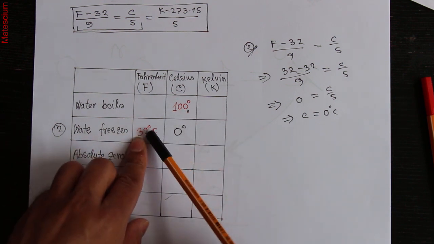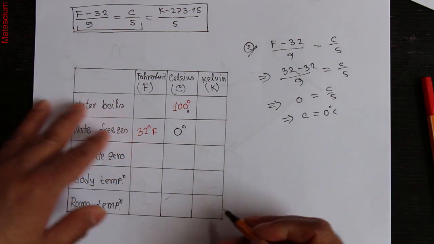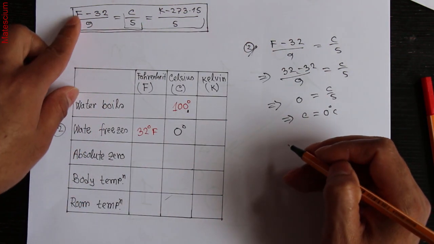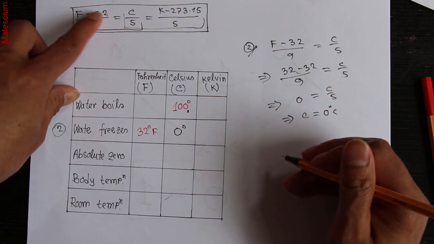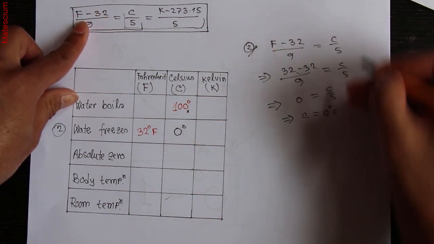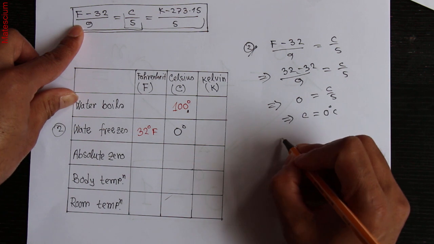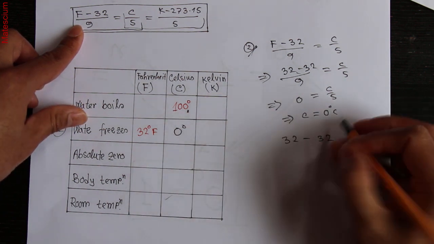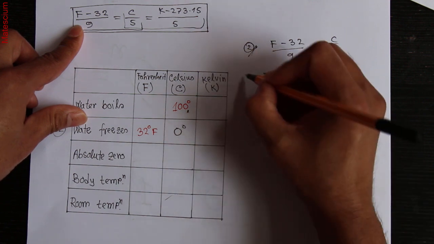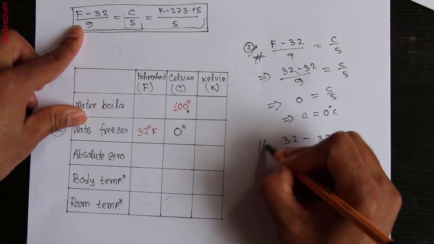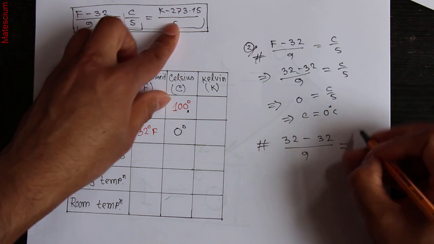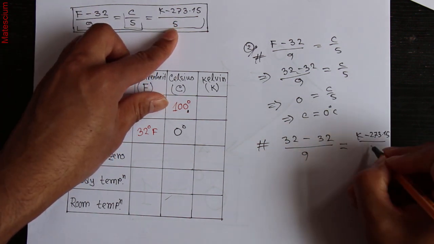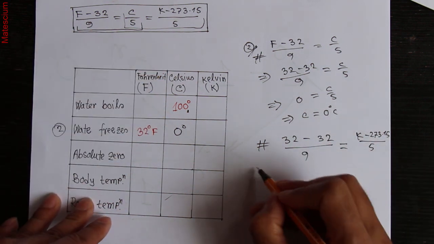How much is 32 degrees Fahrenheit in Kelvin? Let's use the same formula. We can use that one as well now. So we have F minus 32, that means I can use F as 32, 32 minus 32. I'm converting this part now. (32 minus 32) over 9, this is part 1, this is part 2, equals (K minus 273.15) over 5, right?